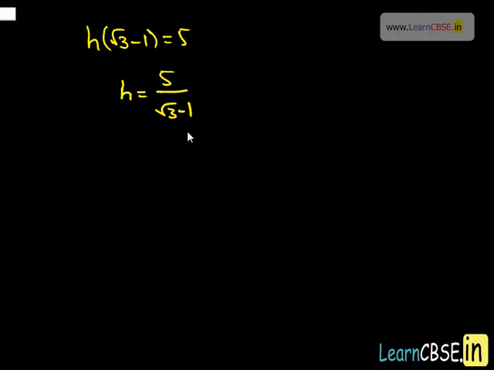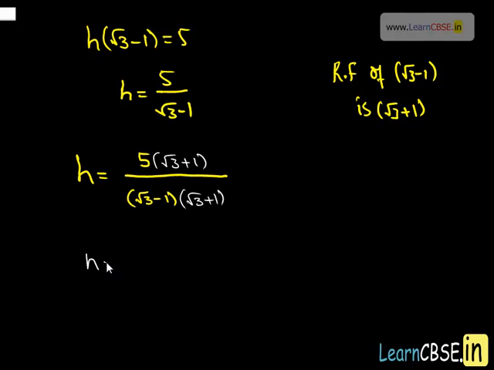To find the value of h, we have to rationalize the denominator. Here the rationalizing factor of root 3 minus 1 is root 3 plus 1. Let us multiply numerator and denominator with root 3 plus 1. That implies h is equal to 5 upon, here the denominator is in the form of a minus b times a plus b, which is equal to a square minus b square.